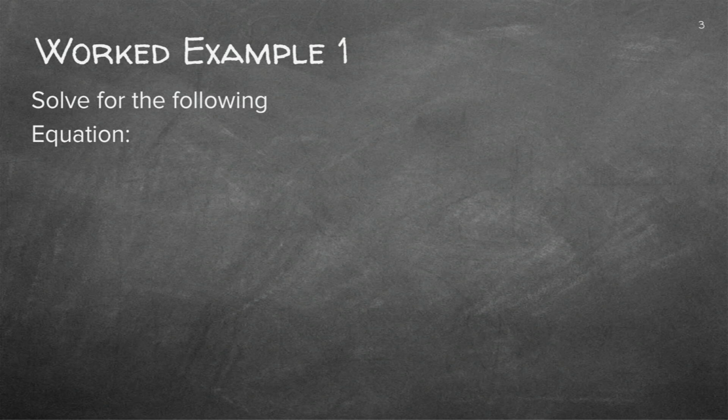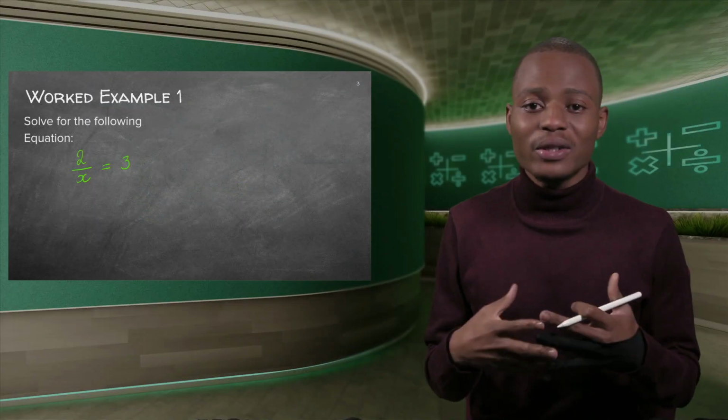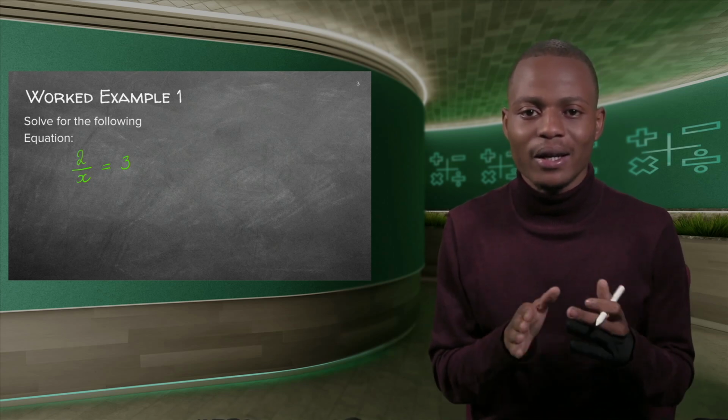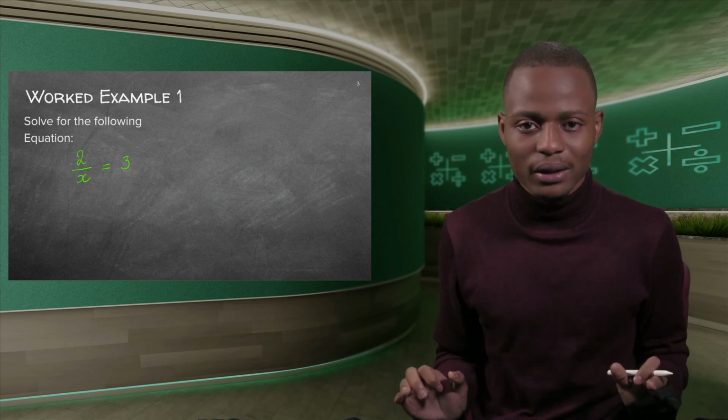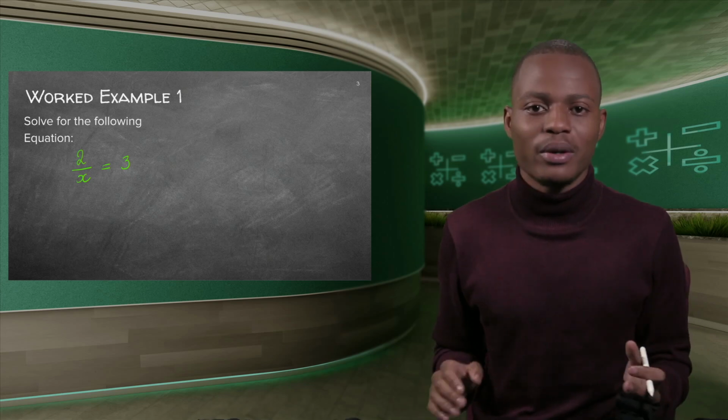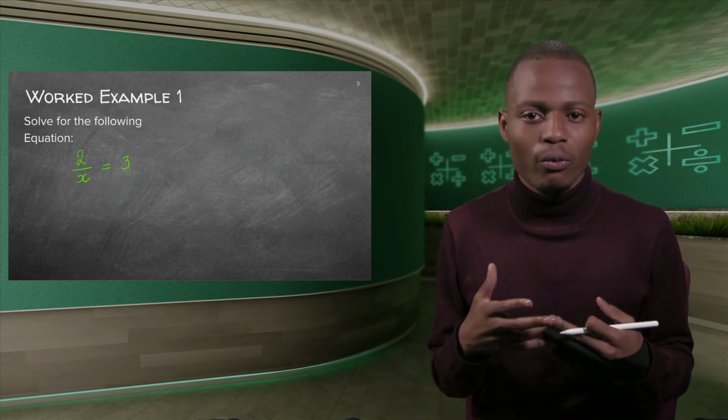For example, if you have to solve an equation of the form 2 over x equals 3, what you have there is x as a denominator, right? So you find yourself with a fraction, and there are rules that you need to apply when working with this type of problem.